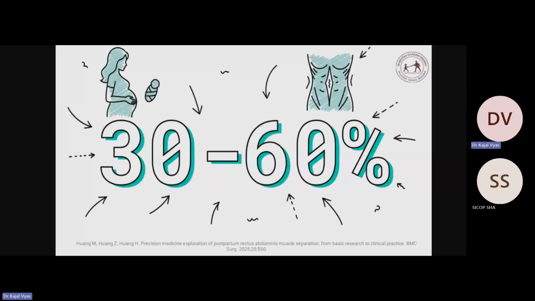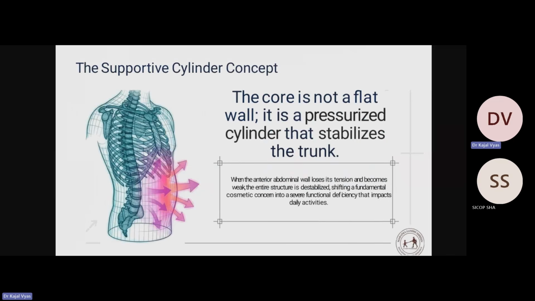So now moving forward to the core, which is explained by the supportive cylinder concept. The core is not just a flat wall in the front of the body. It is a pressurized cylinder that stabilizes the trunk, the lumbar region, as well as the pelvic region. So when the anterior abdominal wall loses its tension and becomes weak, the entire structure becomes destabilized.